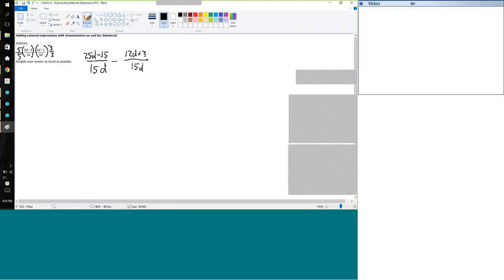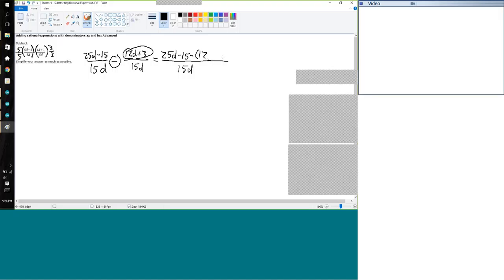And now, since I have the same denominator in each fraction, I can just rewrite all that as one fraction, except that when I do this, something that's very important is that we don't lose track of this negative, because this negative applies to the entire numerator. So we want to make sure that we distribute that through.